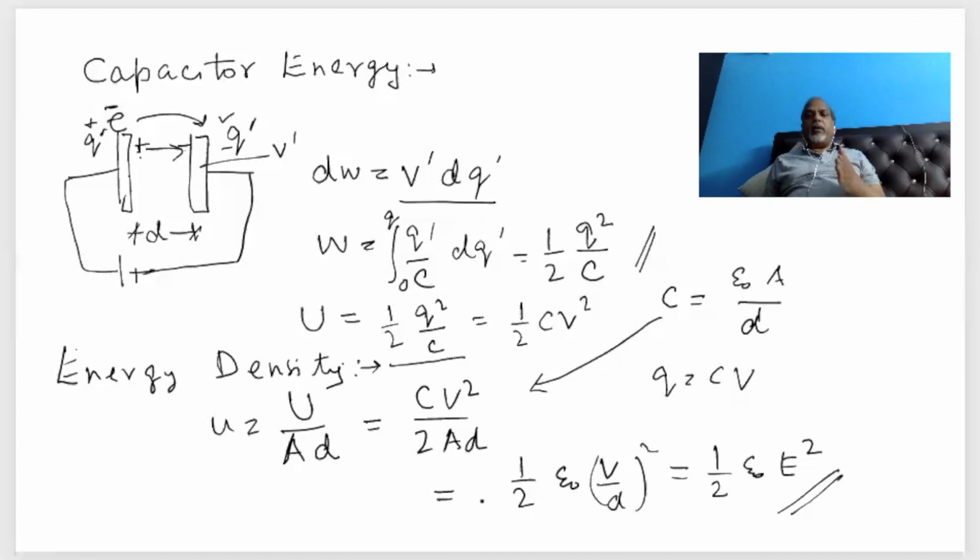You can find the energy density as half epsilon 0 E square. So these two important aspects were there in this chapter: one is capacitor energy and another is the energy density.